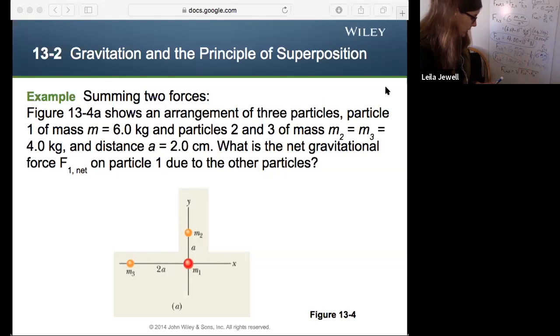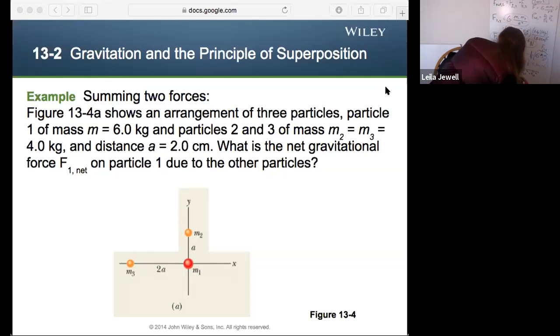So 1 squared plus 4 squared, the 10 to the minus 6 can come out in front. And we get the square root of 17, where the 10 to the minus 6 will just come out. So it ends up being 4.12 times 10 to the minus 6 newtons.